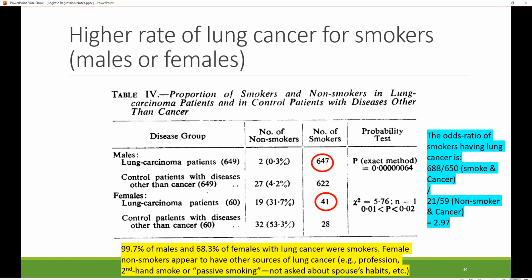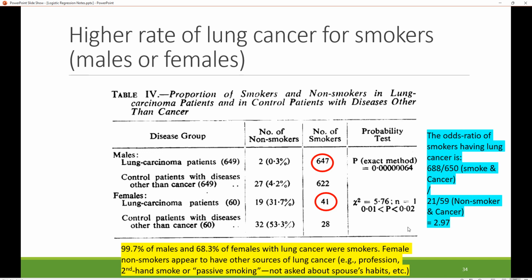What we do see is a higher rate of lung cancer in smokers. We see that 99.7% of males and 68.3% of females with lung cancer were smokers. These two values are circled in red. Female non-smokers appear to have other sources of lung cancer, for example, professions, secondhand smoke, or passive smoking, and their spouses' habits weren't asked about in this study.